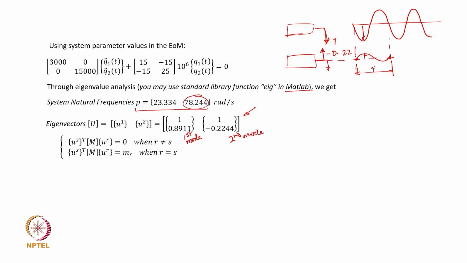So, 1 by this capital T is going to be 78.2 hertz. Sorry, 2 pi by T will give you 78.2 radians per second. Okay. That is what these numbers speak.